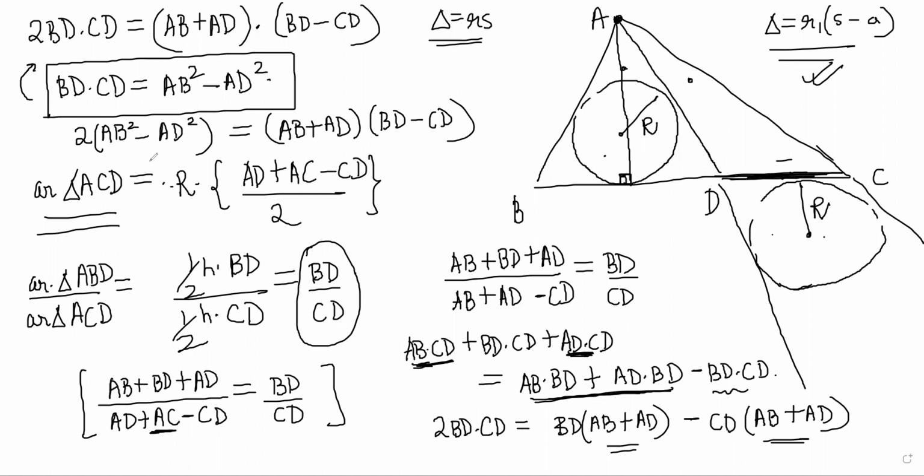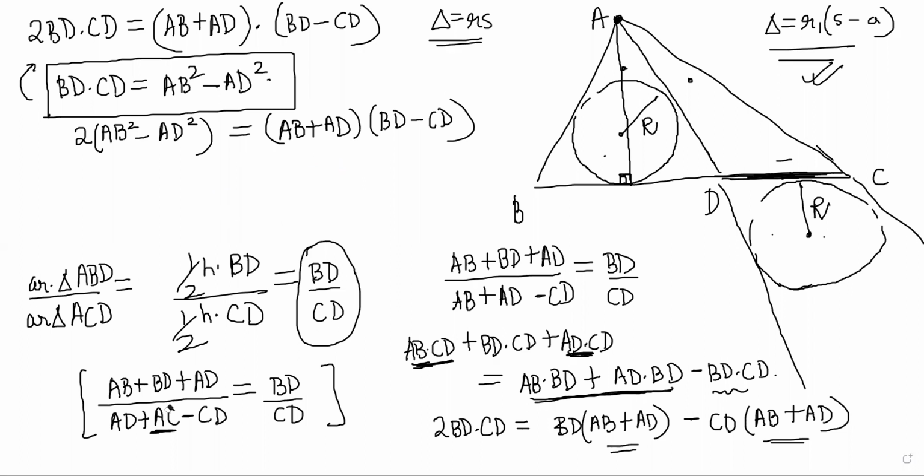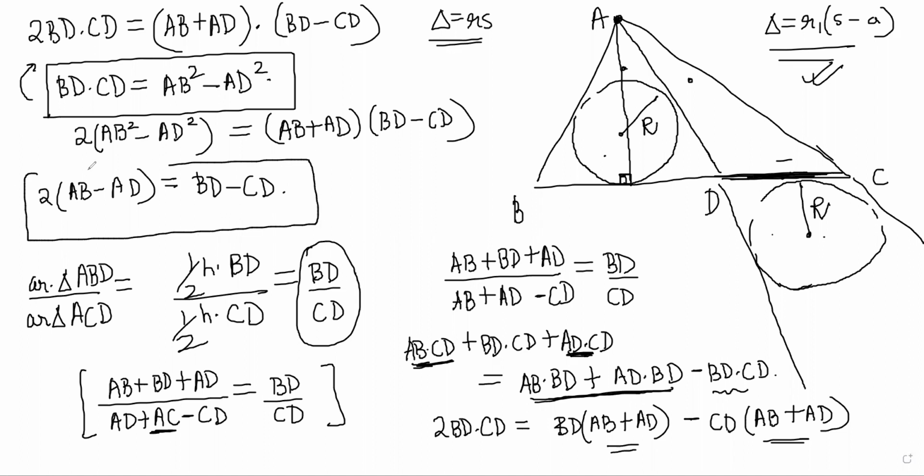And AB plus AD will cancel from here, one factor, and you will end up with 2 times (AB minus AD) will be equal to BD minus CD, right? So we end up with this result, BD minus CD is equal to 2 times (AB minus AD), right?